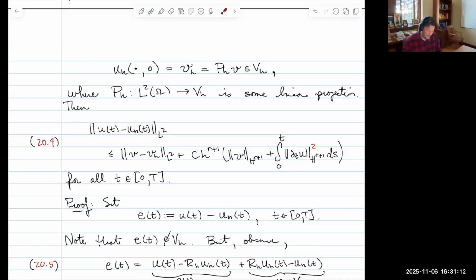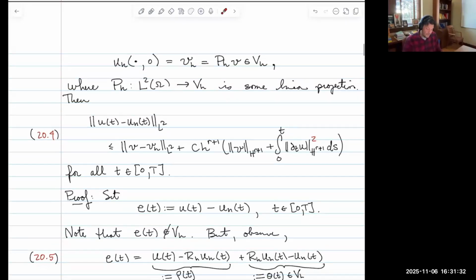But in this present form, this estimate 20.4 has a lot of detail in it. And so this is what we want to show. It turns out showing this is very tedious. It's going to take us probably the rest of the lecture to do this. And so we want to take our time and understand every aspect of this. Okay, so let's get started.